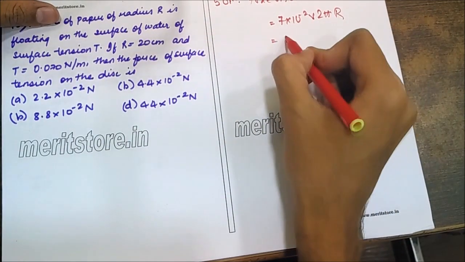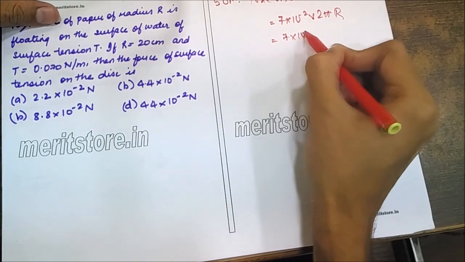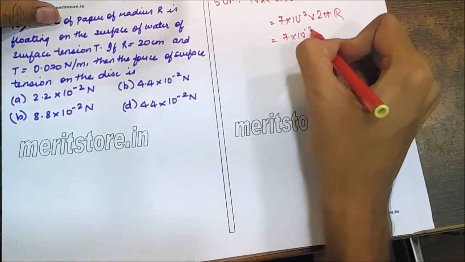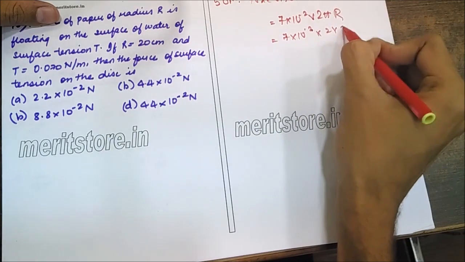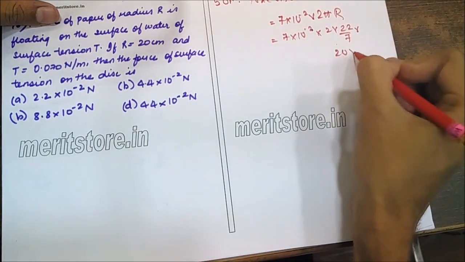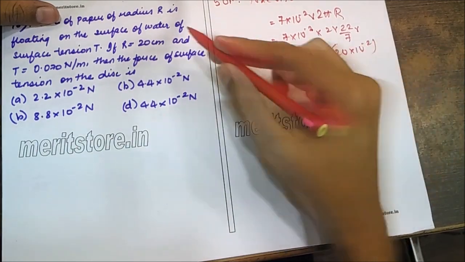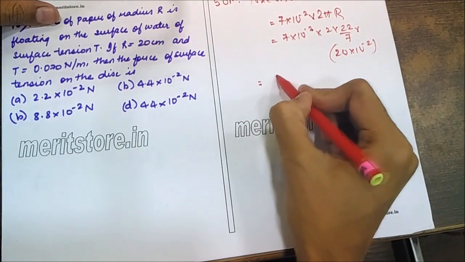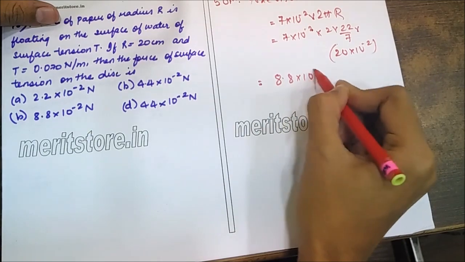So that becomes 7 into 10 to the power minus 2 into 2 into 22 upon 7 into the radius, that is 20 into 10 to the power minus 2, as it is in centimeters and we are converting into meters. So that is 8.8 into 10 to the power minus 2 newtons.